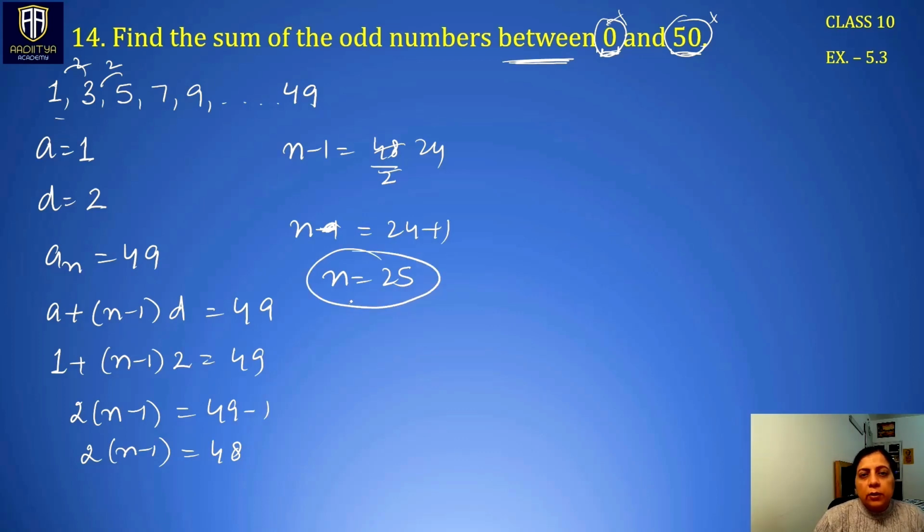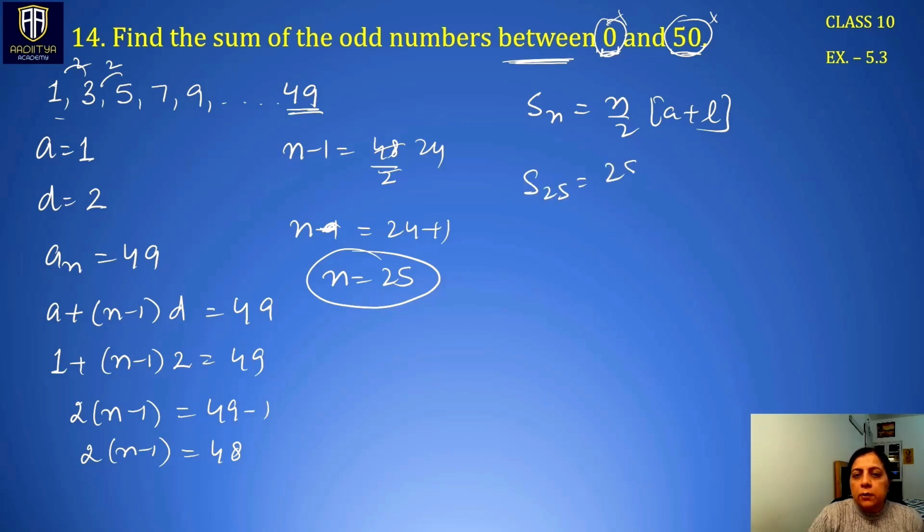N is 25 and we have to find the sum here. So we can use the simpler formula, Sn is n by 2 times a plus l, as we know the last term of the sequence. N is 25, so S25 becomes 25 by 2.